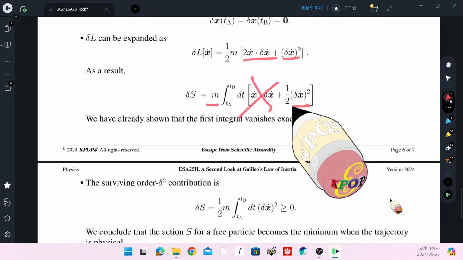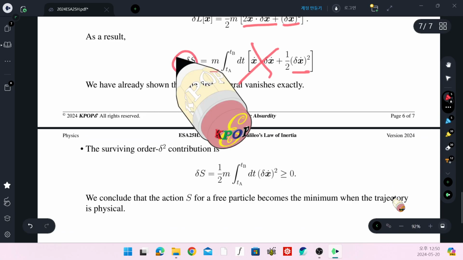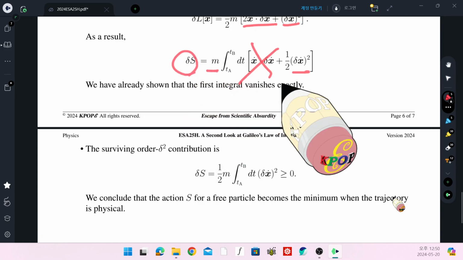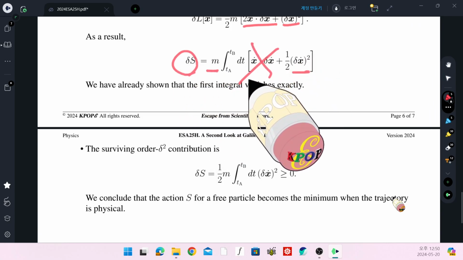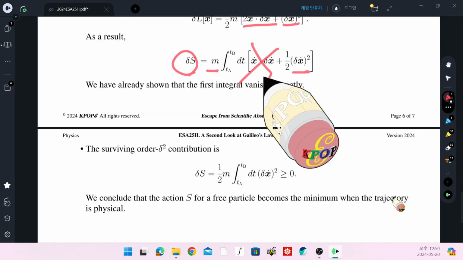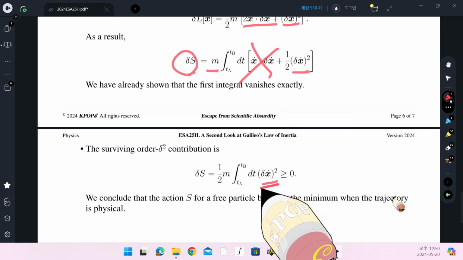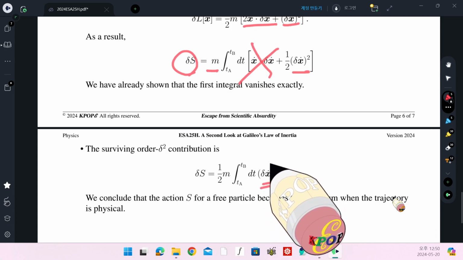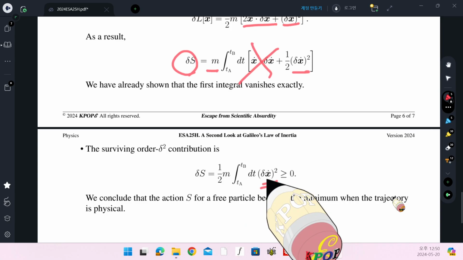And then, we have a variation of the action for a free particle. The first order vanishes because it is either maximum or minimum. The second, delta squared contribution, shows that it is explicitly positive definite.